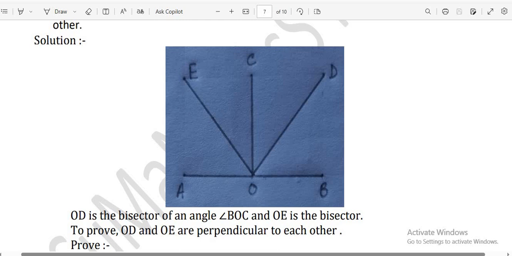O is a point on the line with rays OD, OC and OE. From the figure above, OD is the bisector of angle BOC and OE is the bisector of the exterior angle.